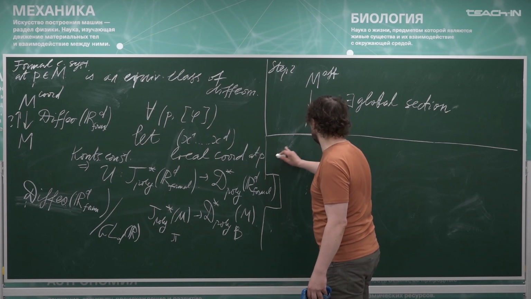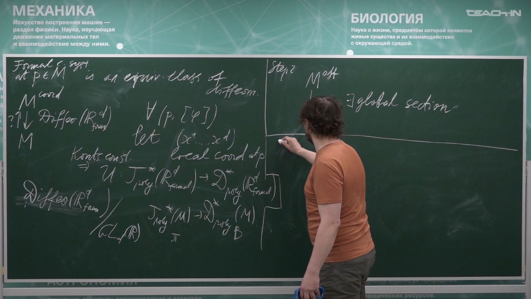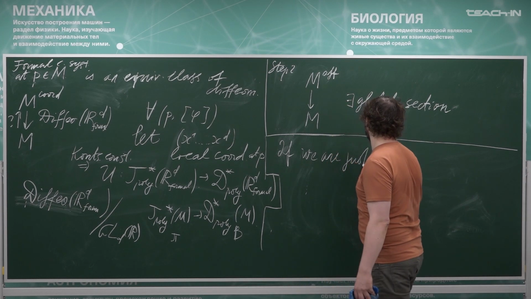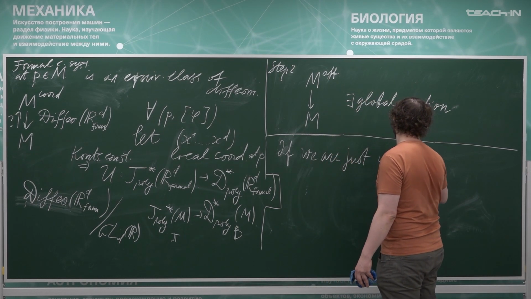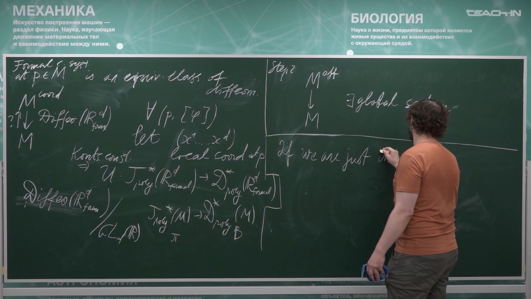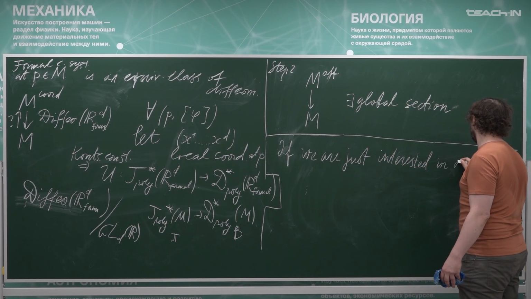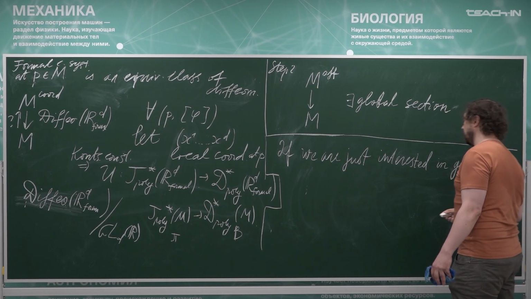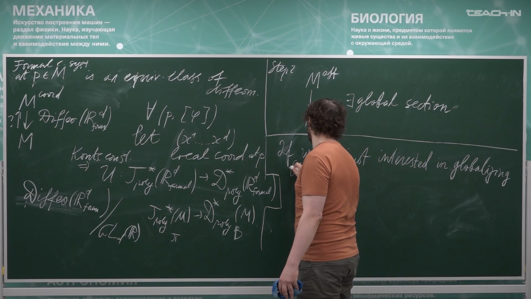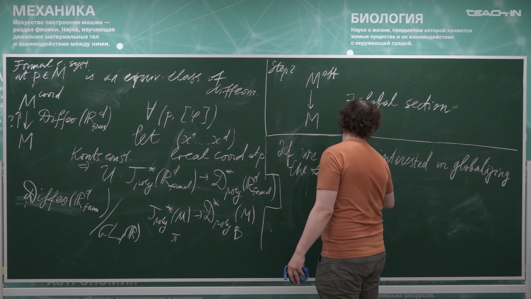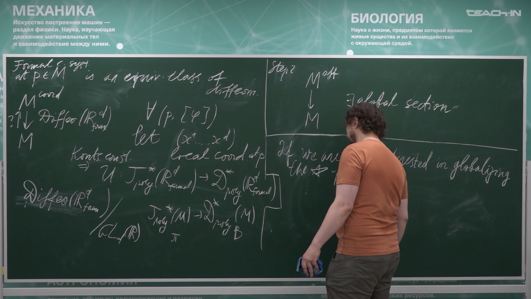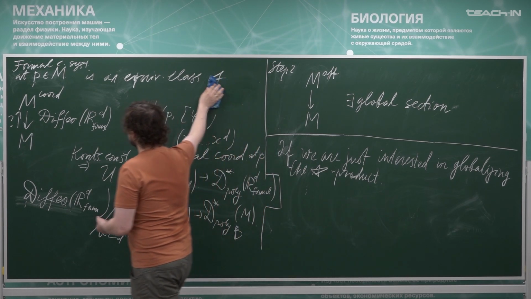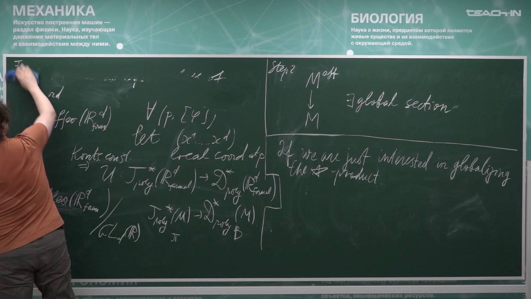So if we are just interested in globalizing the star product, then we could have saved enough time by going straight to the point at the very beginning.